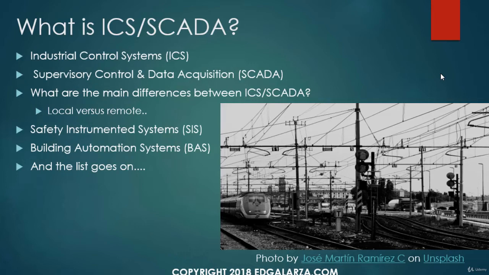Specifically, you'll have substations that could be miles and miles away from the control center. And you're using SCADA to gather data, telemetry from those remote substation sites and getting that data back to the control center so that it can be monitored and controlled via SCADA. So always remember, ICS is local and SCADA is remote.